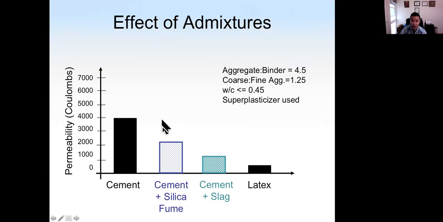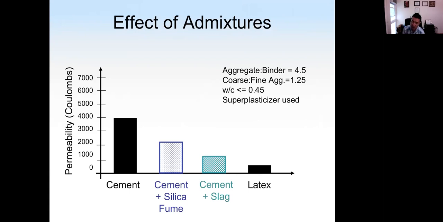So here shows the effect of different admixtures. Okay. So all the concrete has the same water cement ratio. If we use silica fume, that will reduce the permeability because of pozzolanic reaction and also the filler effect.